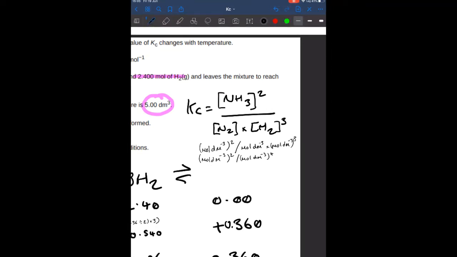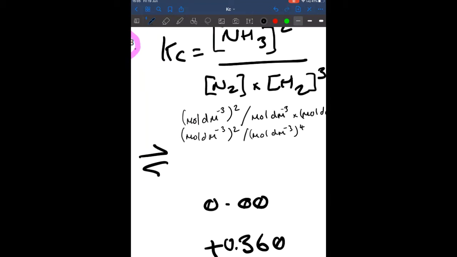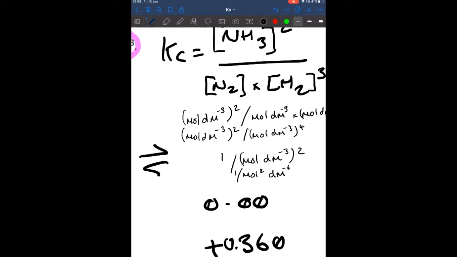So from that, we then need to cancel. So we would get 1 over moles per decimeter cubed to the power of 2, or moles to the power of 2 dm to the power of minus 6, 1 over those.